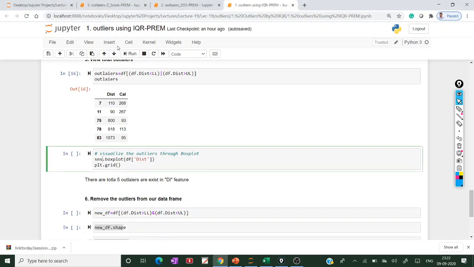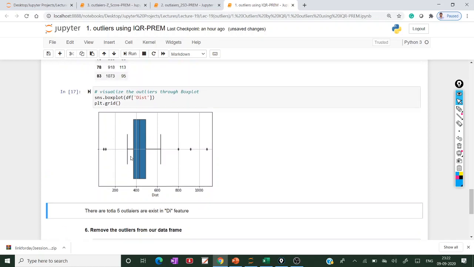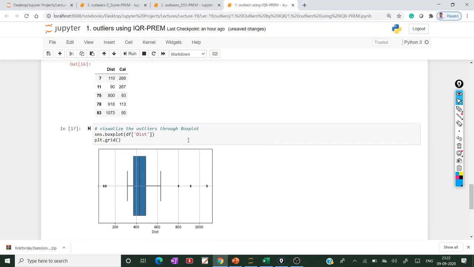If you visualize these outliers using the box plot, if you see clearly, you can understand what the outliers are.